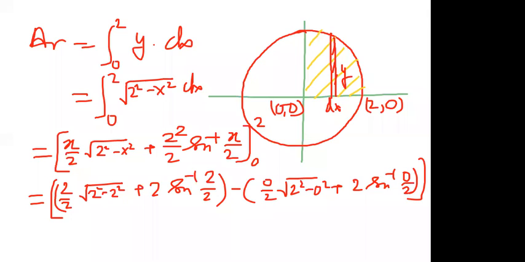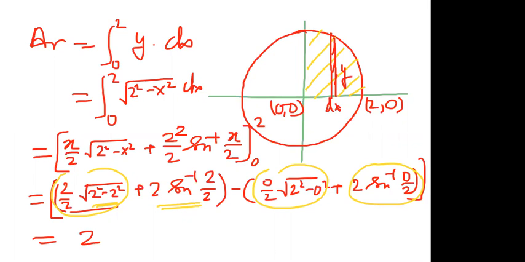So what we'll get, this will become 0, because 2² − 2² is 0. 0 into everything will be 0. Sin⁻¹ 0 will be 0. So only this will be left, and it will be 2 times sin⁻¹ 1.